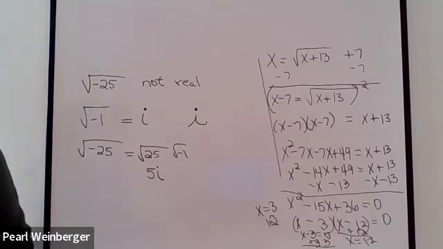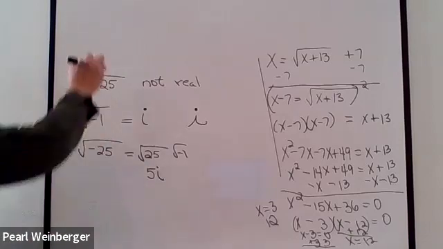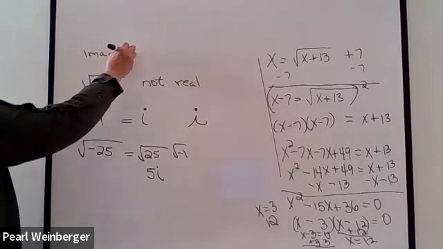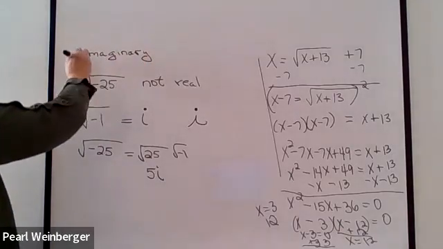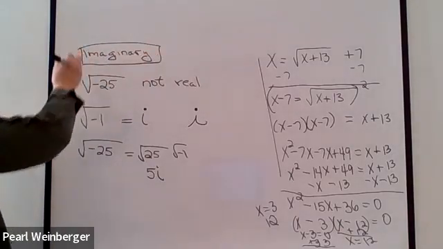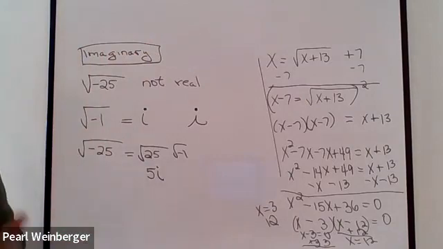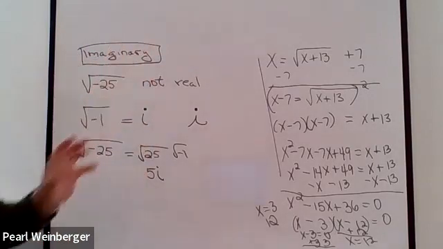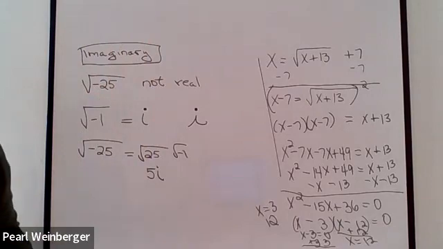Why do we use this letter i? Because this new set of numbers that we're talking about is sometimes called the set of imaginary numbers. Now notice, it's not a figment of my imagination. People really do this. It's just called imaginary numbers because all the numbers that we were talking about until now have been called the real number system.